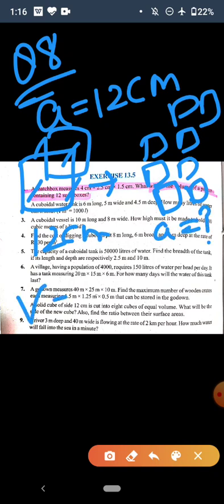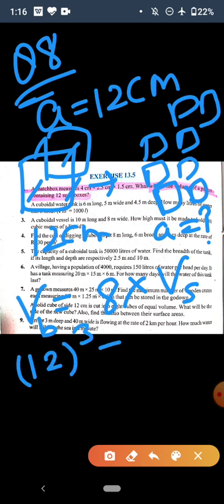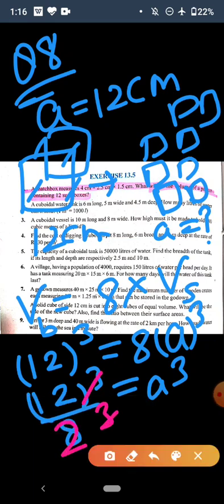So the volume of the big cube is 8 multiplied by volume of small, S for small, B for big. The volume of the big cube is 12 cube. Then the volume of the smaller cube, let its side be a, is 12 cube upon 8. 8 can be written as 2 cube. Cube cancelled by cube. So it is 6. So the side is 6.